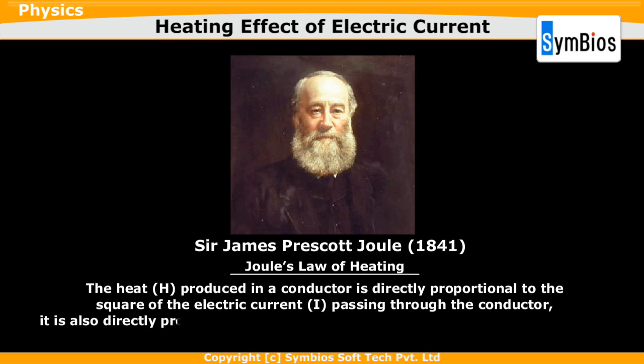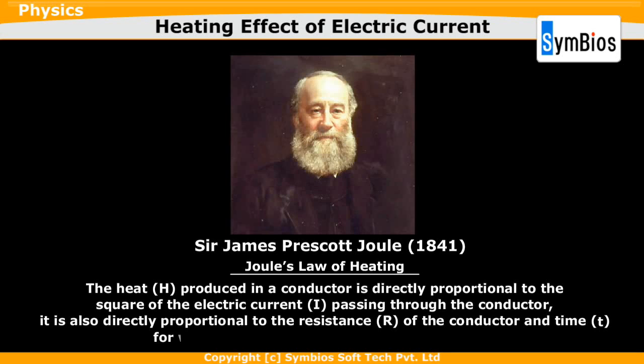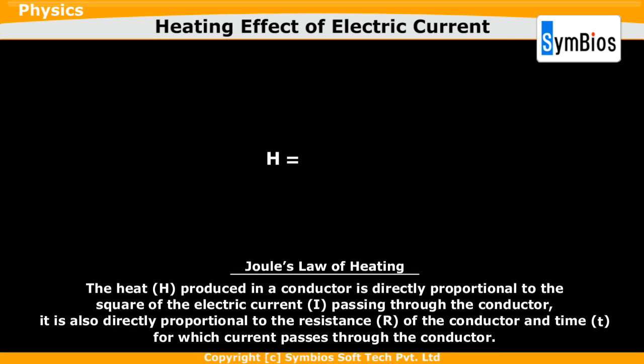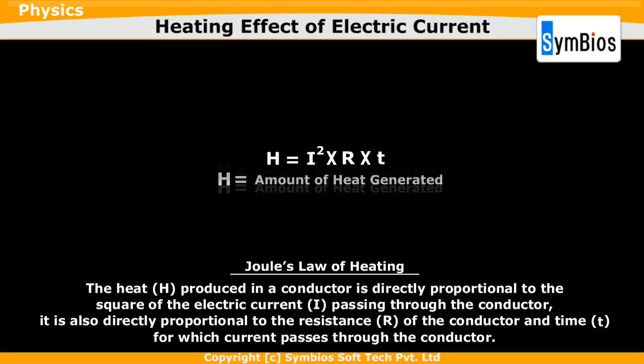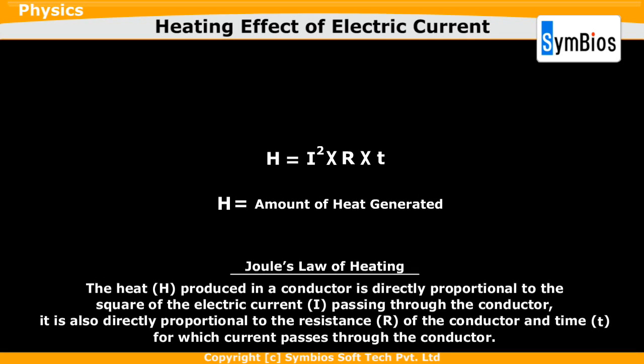It is also directly proportional to the resistance R of the conductor and time T for which current passes through the conductor. It is given by the expression H = I²RT, where H gives us the amount of heat generated.